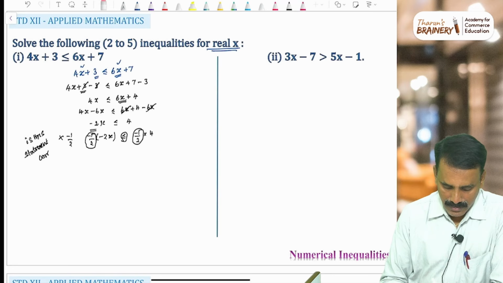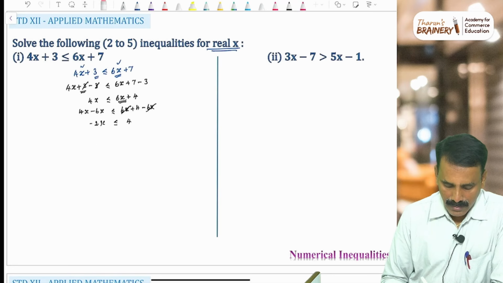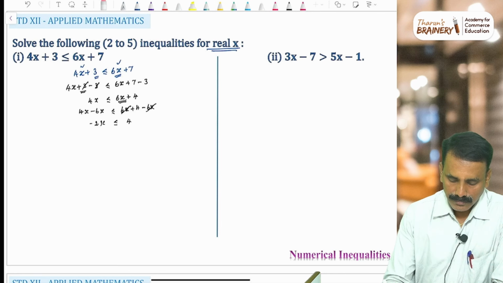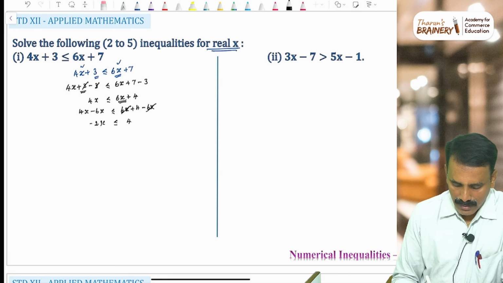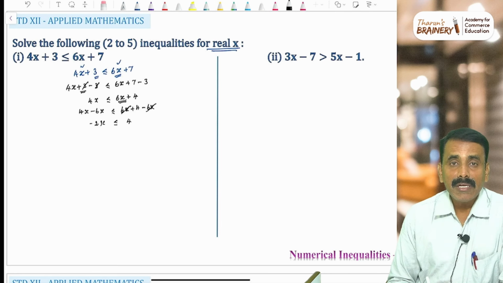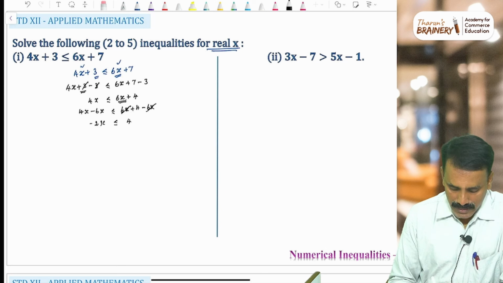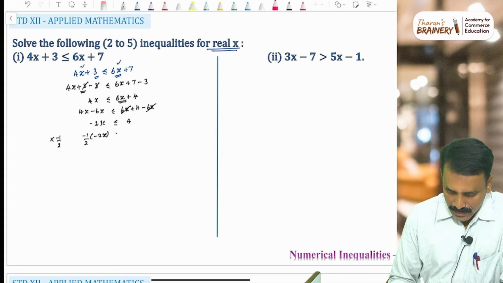So, I am going to multiply with the multiplicative inverse of minus 2. So, it is minus 1 by 2. So, minus 1 by 2 into minus 2x greater than or equal to minus 1 by 2 into 4.